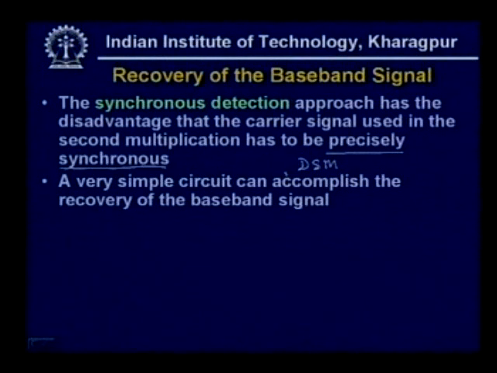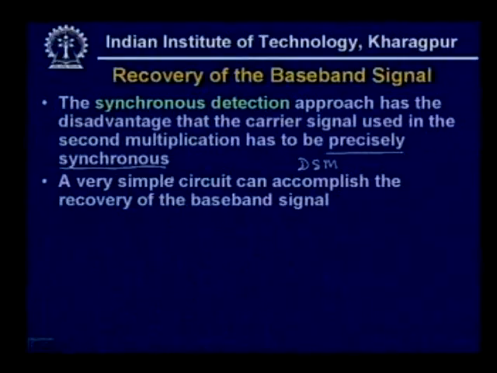So, if you receive the carrier, that carrier can be used to regenerate a synchronous carrier, which can be multiplied to get back the baseband signal. However, if you use DSBSC, then it will be very difficult to generate the synchronous carrier at the receiving end. So, this is a very difficult process.